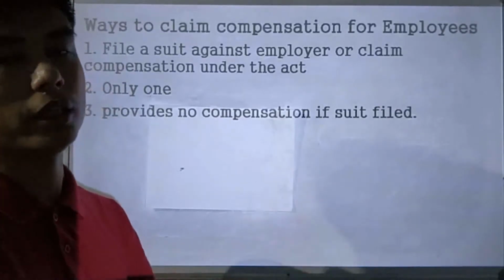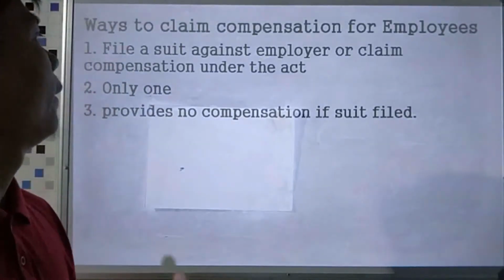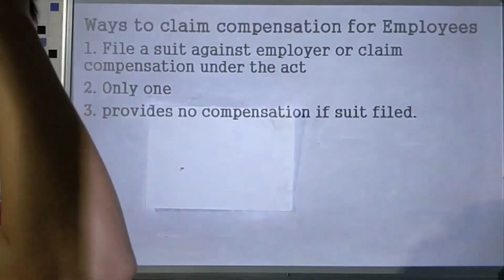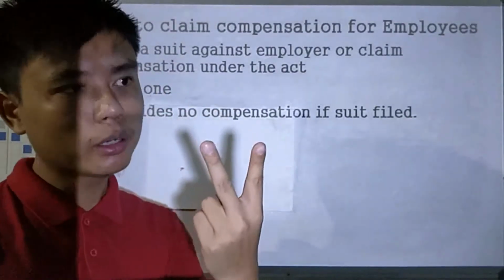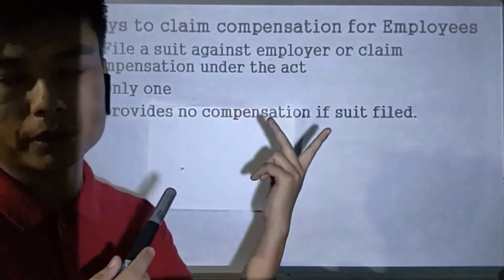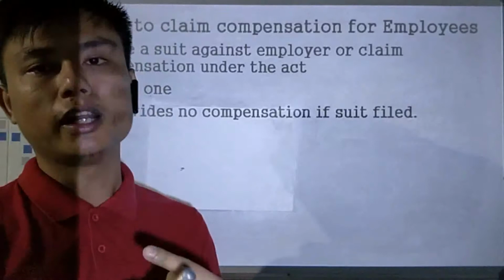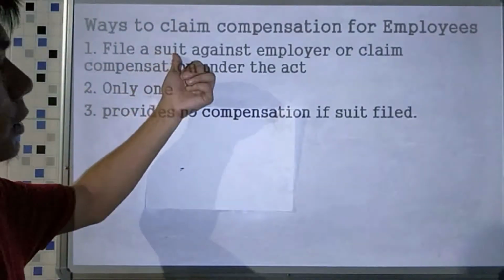It could be physical, psychological, whatever, due to an accident. So now what? There are two options. One, you can get compensation with respect to this compensation act, alright? And second, you can file a suit against the employer. But if you file this, you're not going to get any compensation.